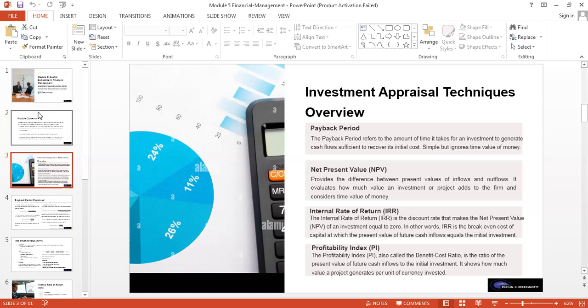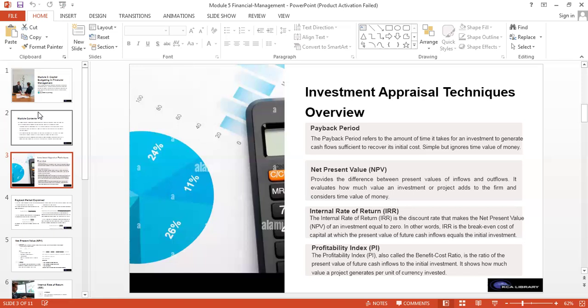The next is net present value, and this provides the difference between the present value of inflow and outflow. It evaluates how much value an investment or project adds to the firm and considers the time value of money. We have the internal rate of return.